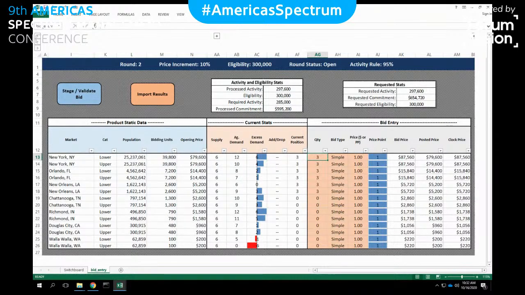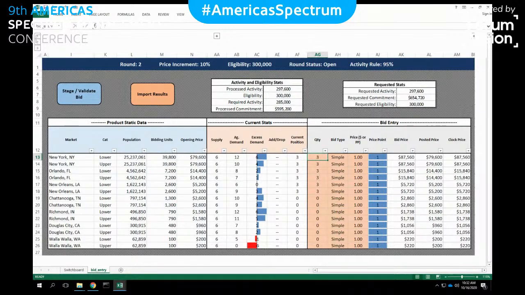And it's important to take a look at these because the excess demand in the market is what determines if a posted price rises to the clock price during a round of bidding. So if we look at Orlando, Florida Upper, for example, there's a single unit of excess demand. If that remains after bidding for round 2 completes, we expect the posted price to rise to the clock price.